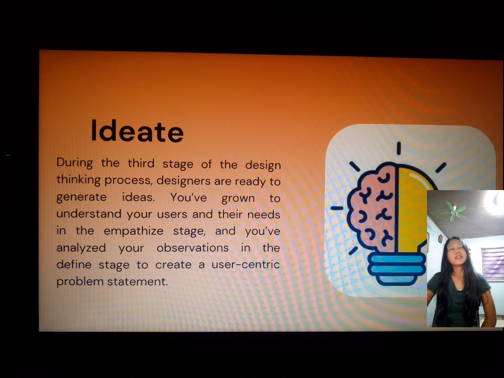This is where you think of how you are going to develop your product. It's somewhat like how you are going to put your assessment into actual action on the existing problem in your product. So I hope you get it.